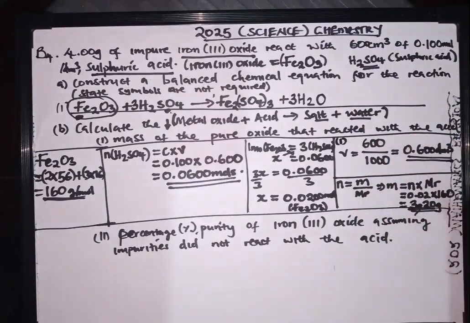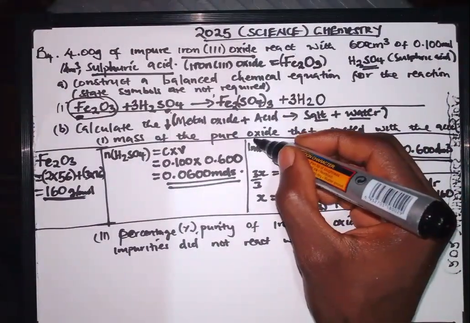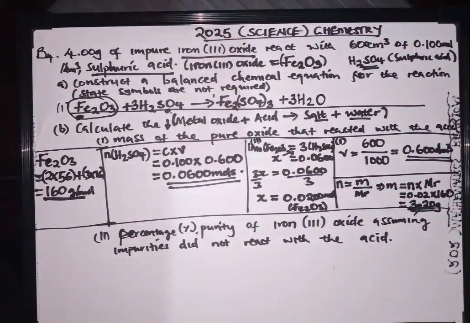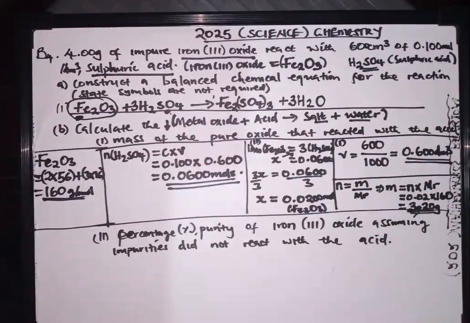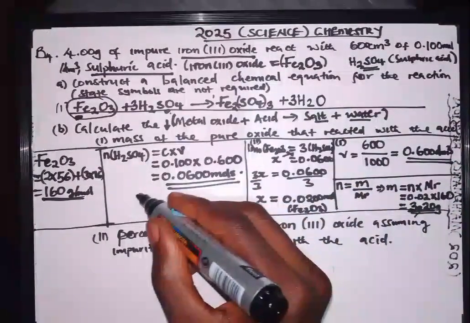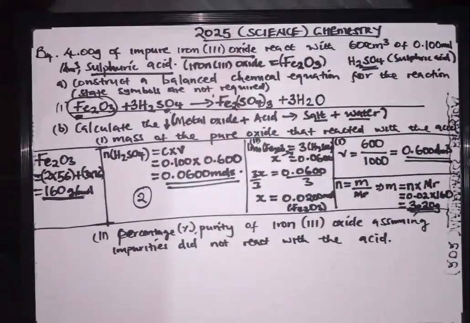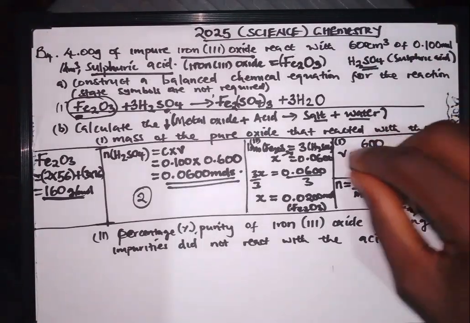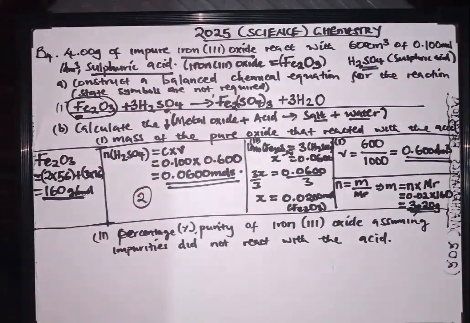Then step 2, you compare the moles. So how do we compare the moles? Step 2, after you have converted, you have to calculate now the number of moles of a given compound. In our question, the compound we are given was sulfuric acid.